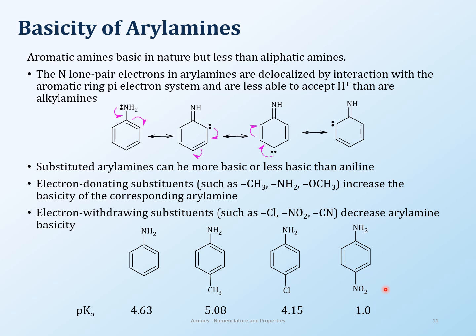So you can change the basicity of aromatic amines, and even aliphatic amines, the same thing. The more you make the lone pair of electrons available for reaction, the stronger the base is going to be. That's all you have to think about. Am I giving it more electrons? Am I removing electrons from whatever compound I have with the nitrogen on it?